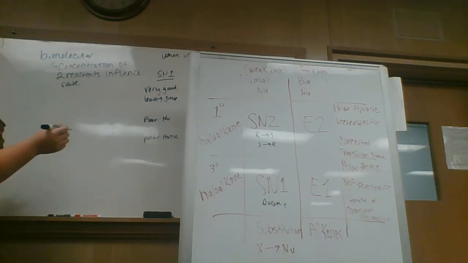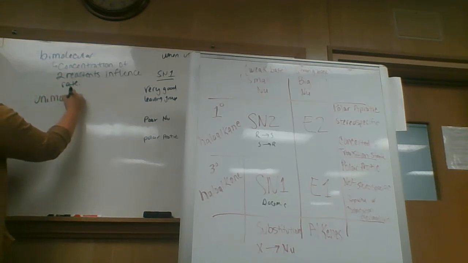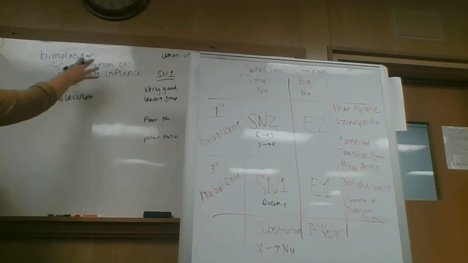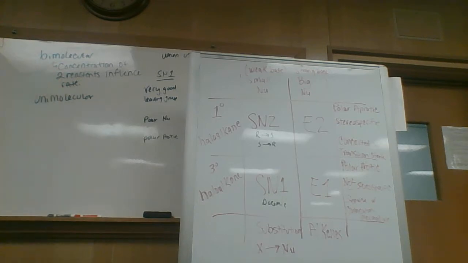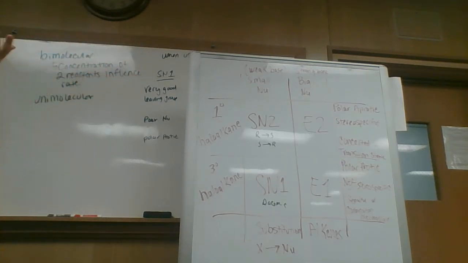We're later going to talk about SN1 and E1, which are unimolecular. So obviously, it's the same thing except one reactant influences the rate. For a unimolecular reaction, is it the concentration of the alkyl halide or the concentration of the nucleophile that affects the reaction rate?